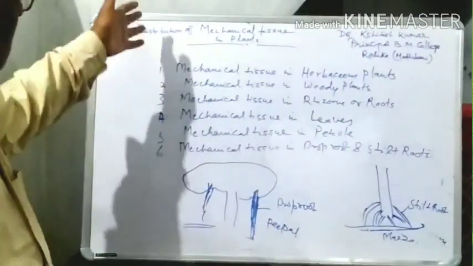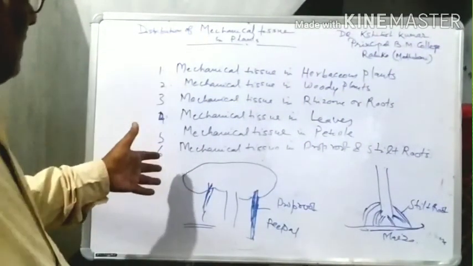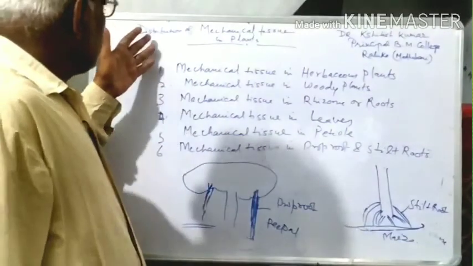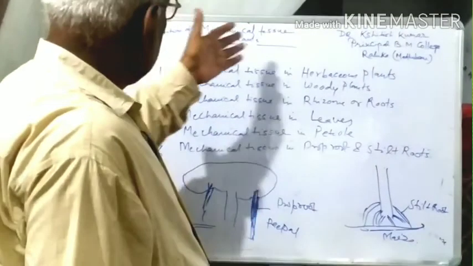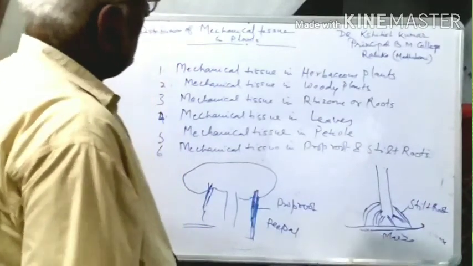In these six headings we shall discuss the distribution of mechanical tissue one by one.